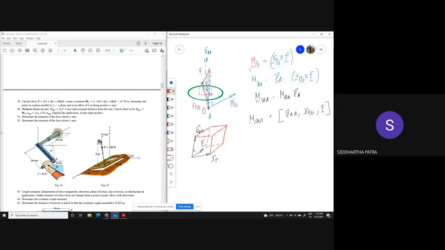Okay, this would represent the volume enclosed by this parallelepiped, this scalar triple product right here.